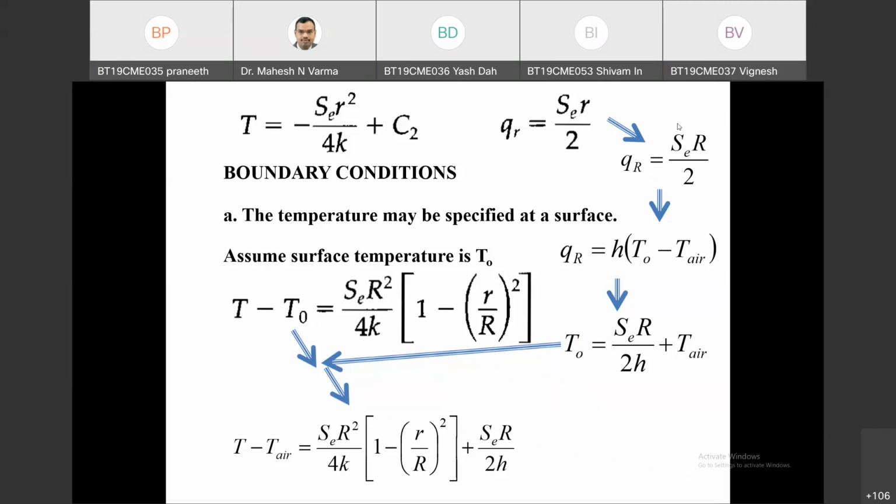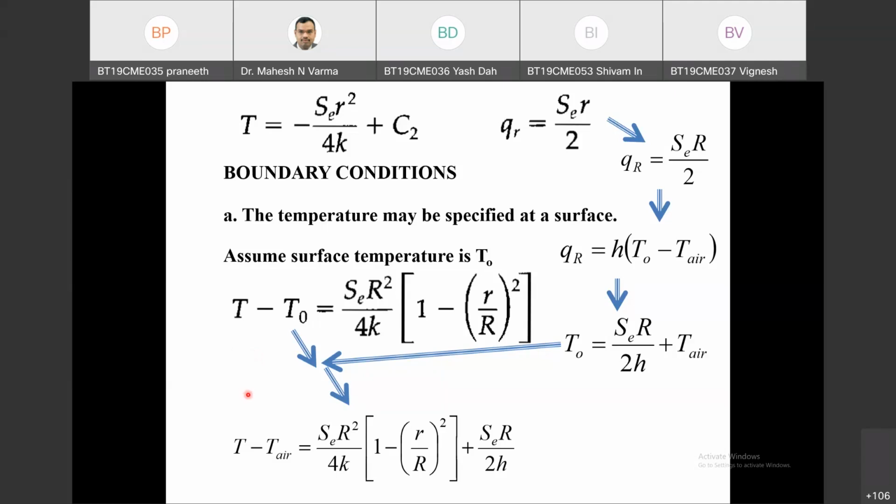Sir, is the video visible? Not yet, cannot see. Sir, now? Ah, I can see. Okay, very good. Sir, method 1 and method 2. Very good, very good.